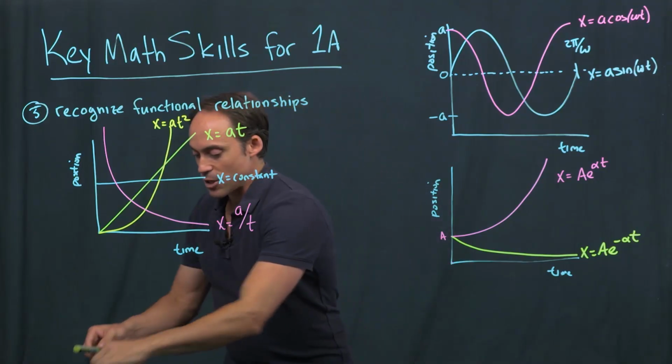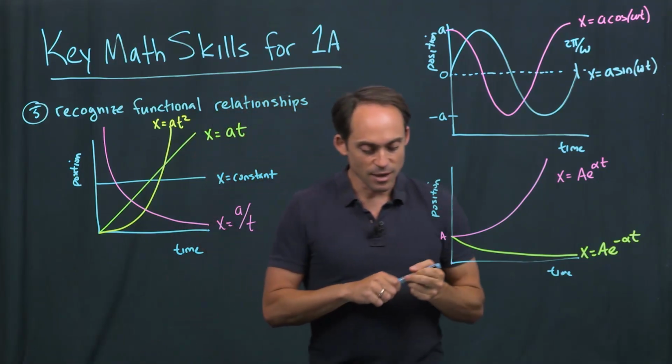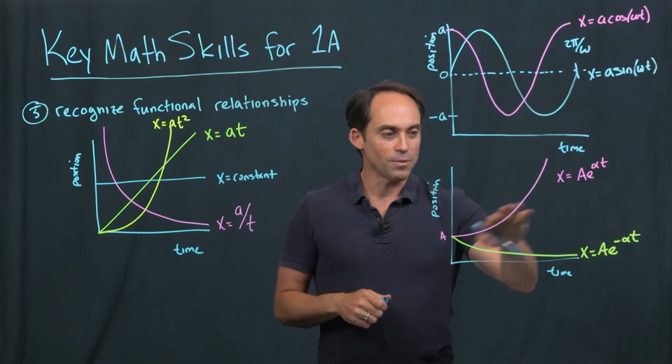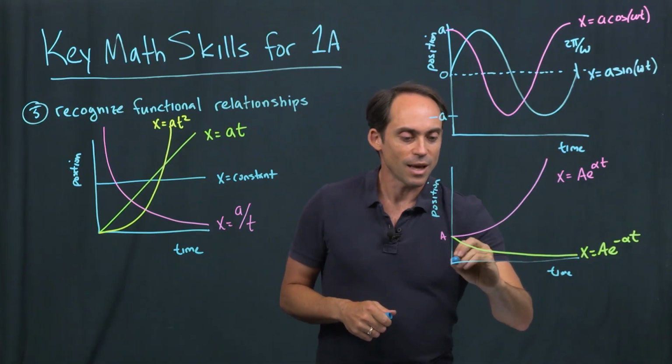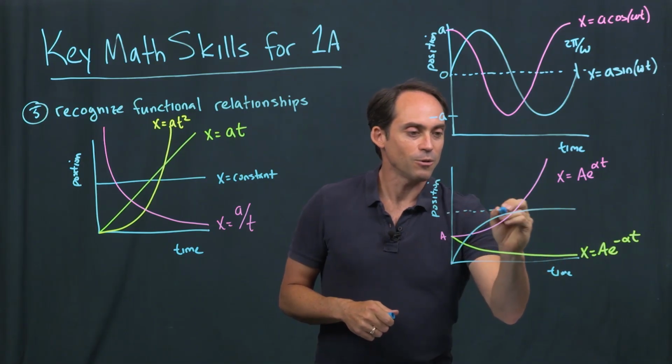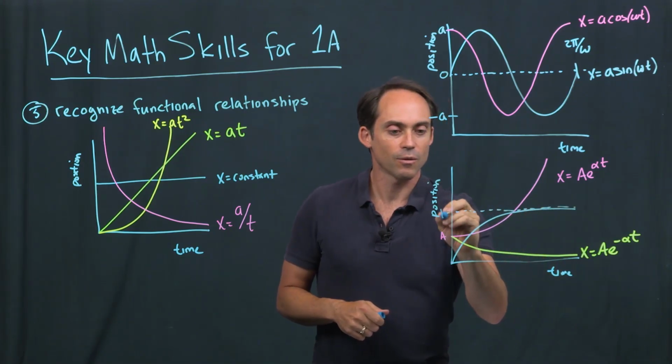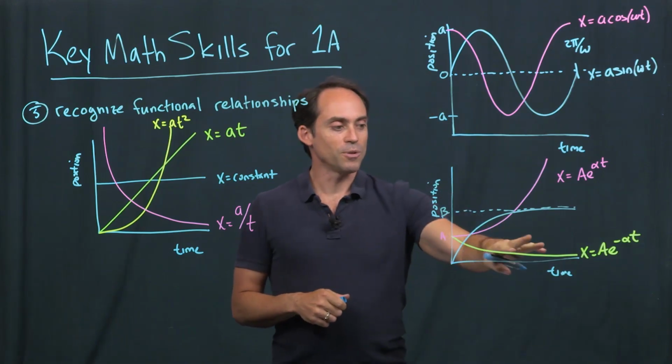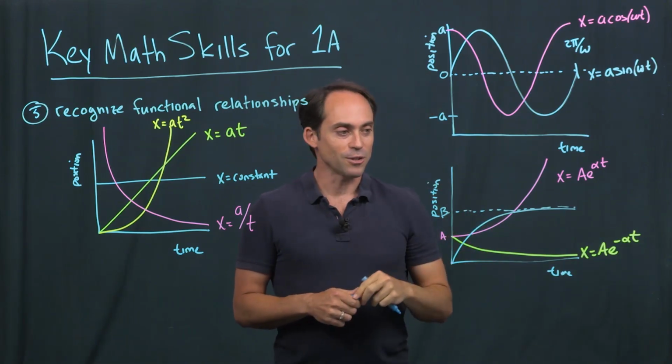And a related expression might be if we start at 0 and we move up to some limiting value. So that might look like this, where that limiting value is right here. Right? This is kind of almost the opposite of this declining exponential.